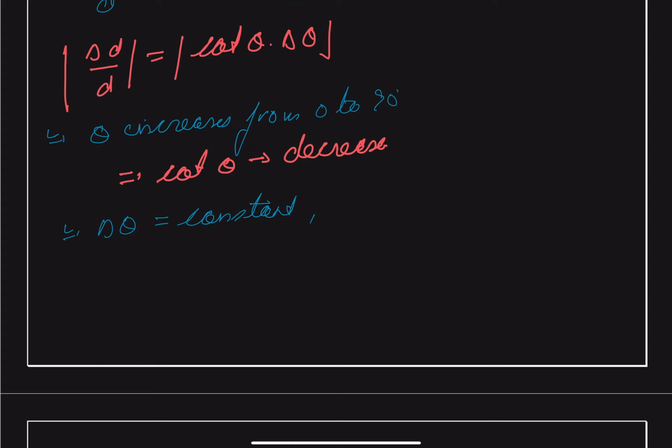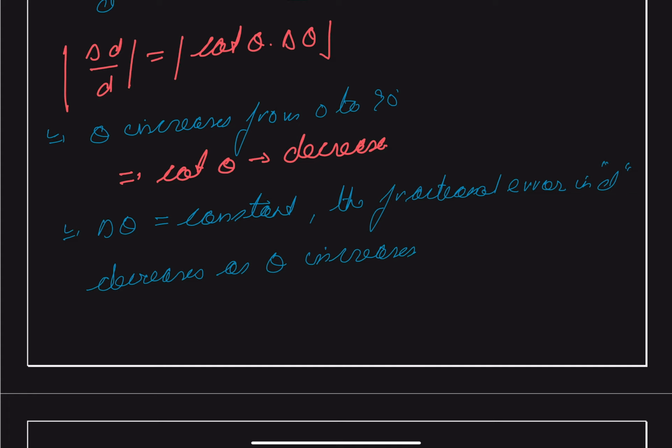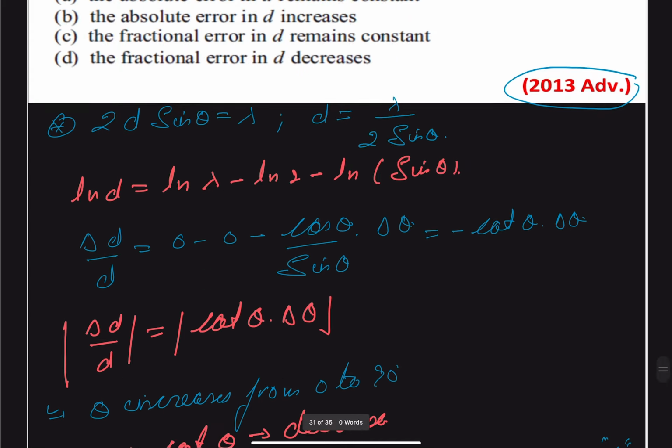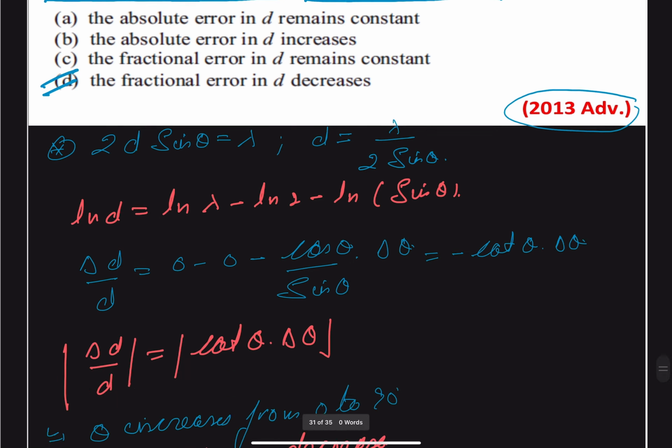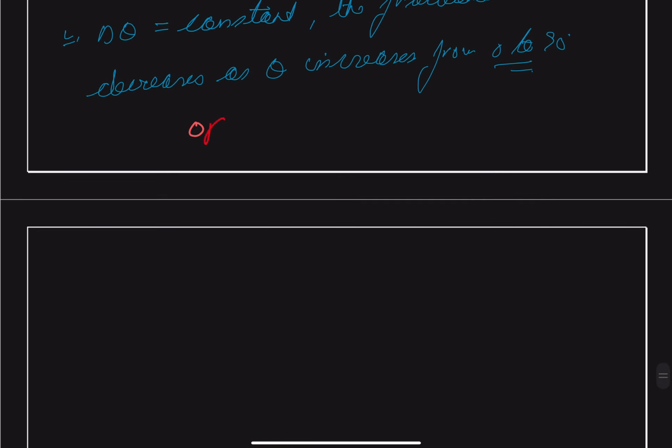Therefore, we can say the fractional error in d decreases as theta increases from 0 to 90 degrees. So the fractional error in d decreases, and option D is the correct one. Option D is correct.